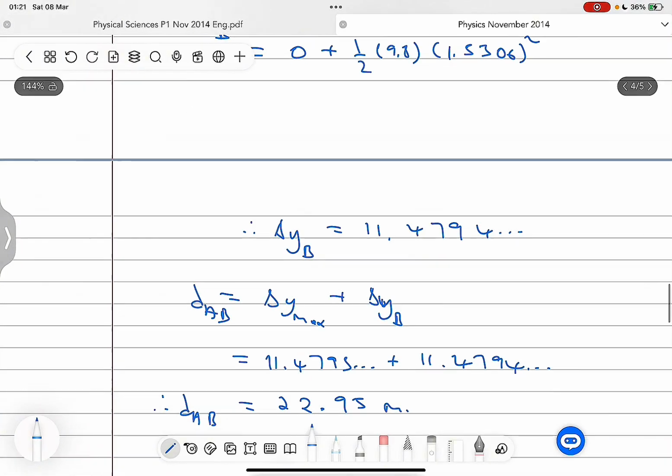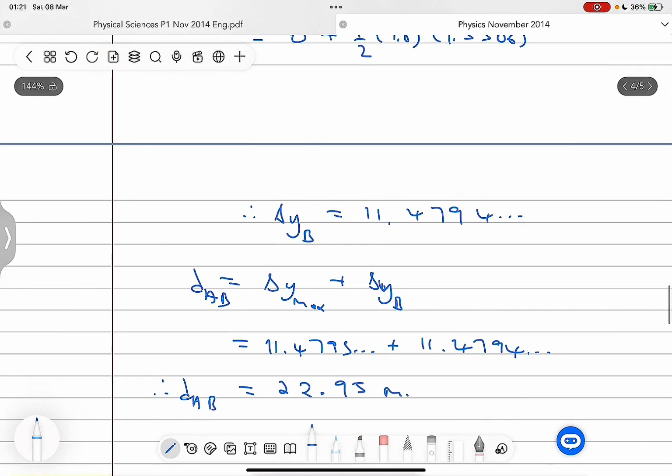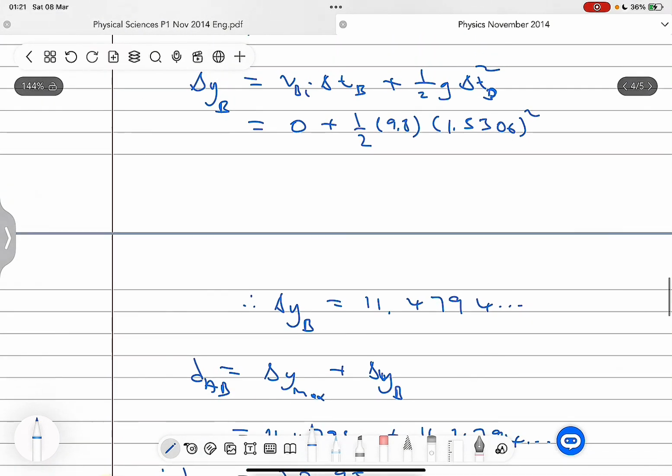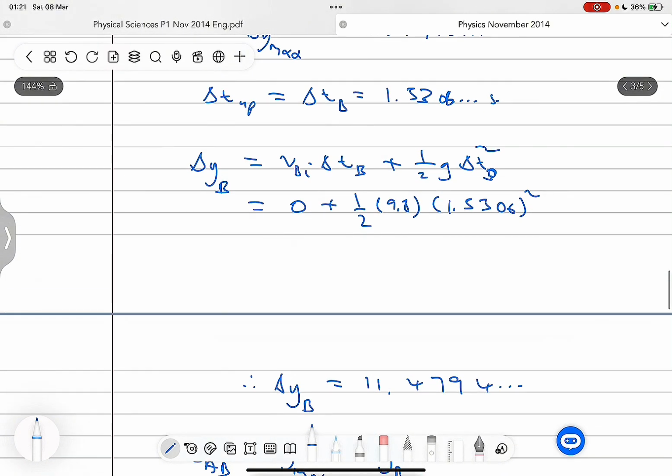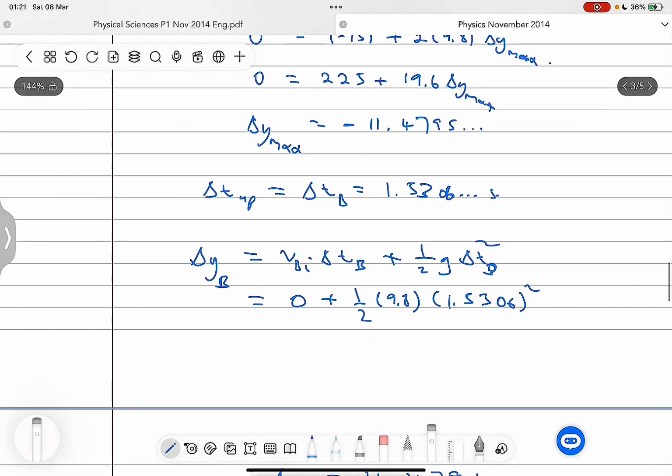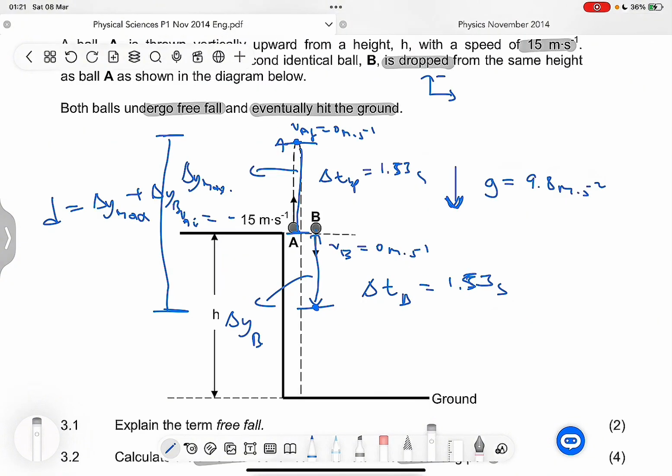Now we can quickly navigate this problem. I think the interesting thing that caught my eye is that the distances are almost the same when you look at them: the distance for B when it goes down and the distance for A when it goes up.